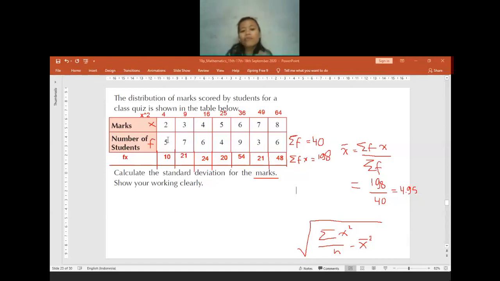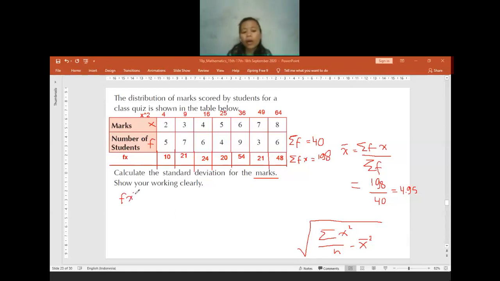No. As you know, there are 5 students who have marks of 2. So it means for the value of x square, which is 4, we will have 5 values equal to 4. So if we already have the frequency here, we have to find the fx square.